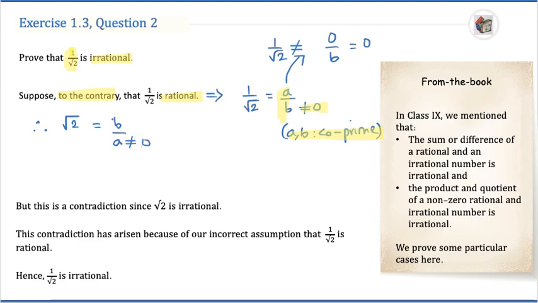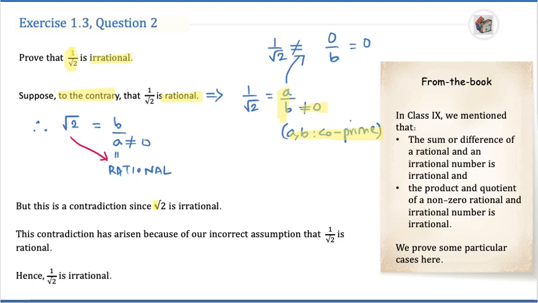Now when you see this is also in the form integer divided by integer, where the denominator is not 0. So from this, it appears that this thing here is rational. That is what the very definition is, right? But if b by a is rational, then square root of 2, which is equal to b by a, is also rational. But that cannot be true.